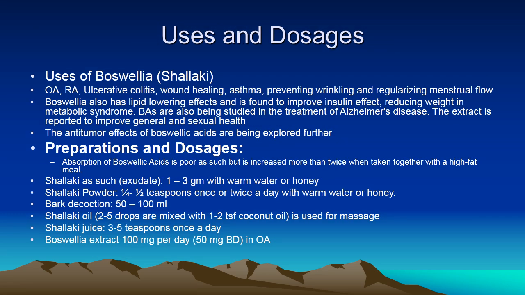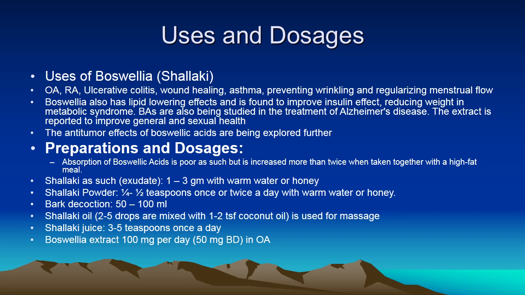And currently, Boswellia extracts are used in a large number of disorders as described in Ayurveda: osteoarthritis, rheumatoid arthritis, ulcerative colitis, wound healing, asthma, prevention of wrinkling, regularizing menstrual flow, and reducing lipids in the body, improving insulin sensitivity, reducing weight and metabolic syndrome.